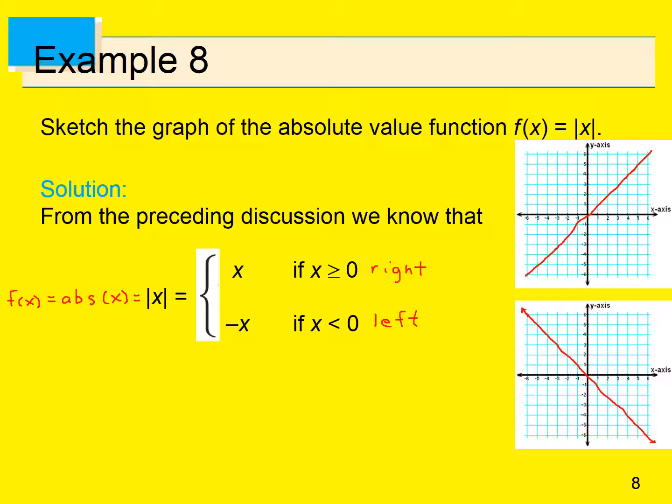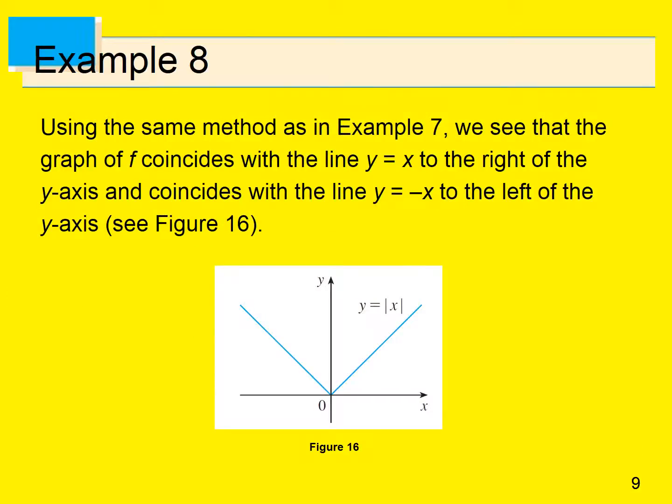We're going to take the right side of the top and the left side of the bottom. And that's what we get. So that's the familiar V-shaped graph that we have for absolute value.